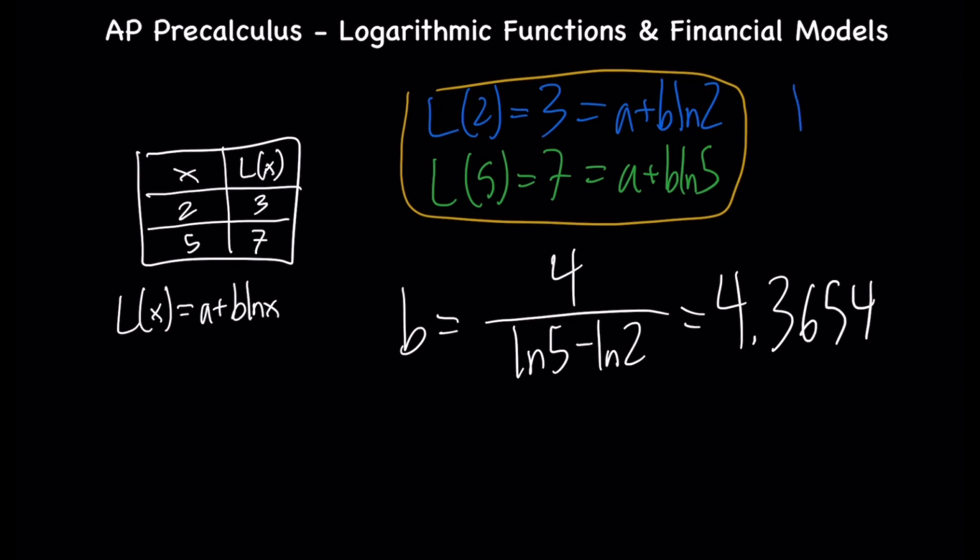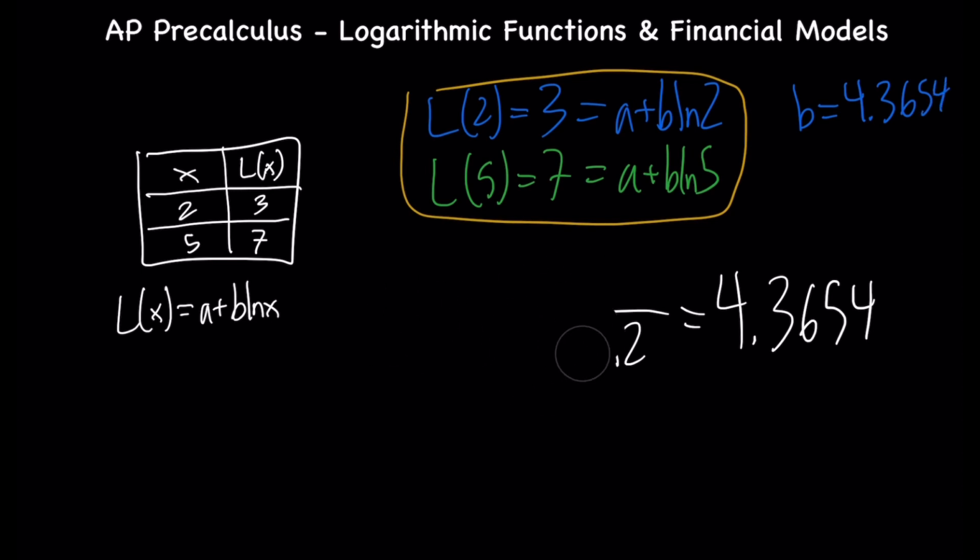So let's go ahead and write that down up here. B equals 4.3654. That's what B equals. And then the way to find A, sorry, I got confused there.